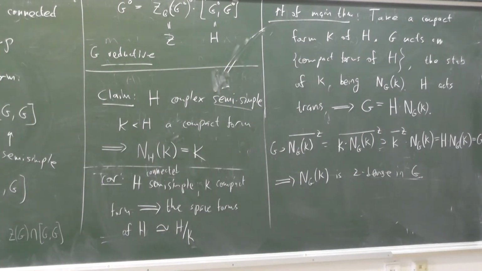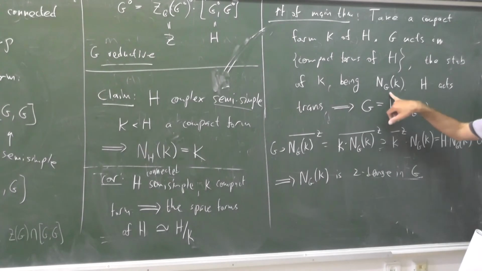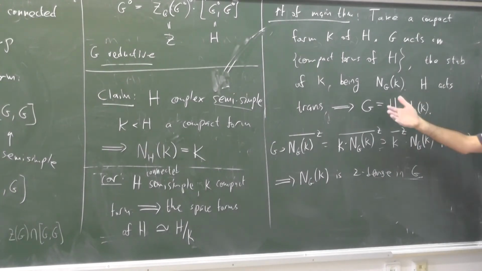Now I'm about to... So in the last step you want to use the claim, right? But K is a compact form of H, not G. The normalizer is not compact, right? What is my mission?